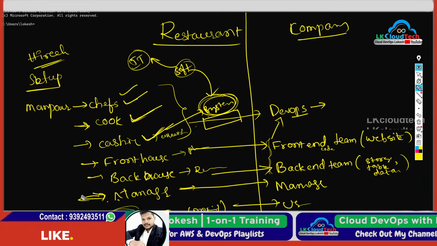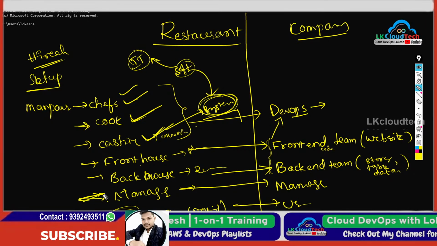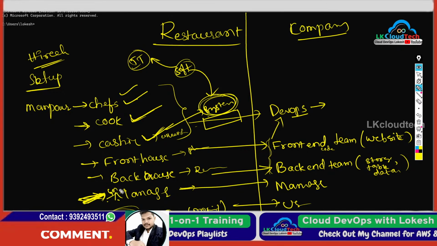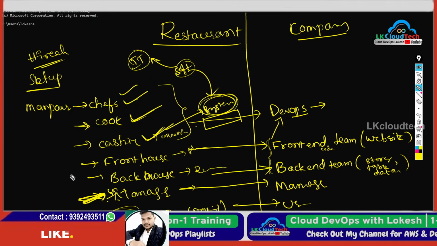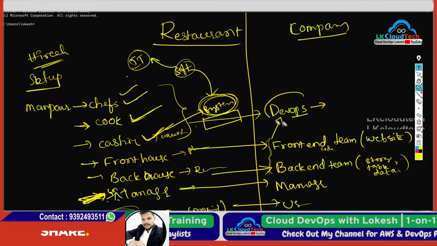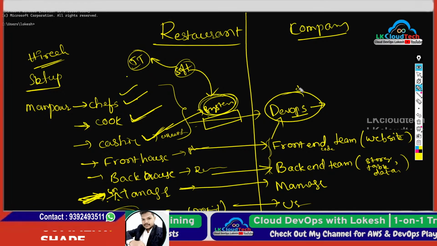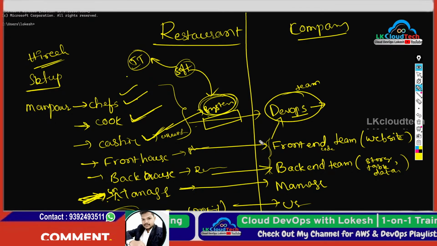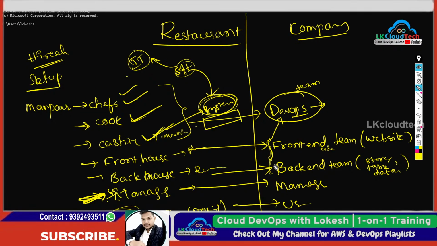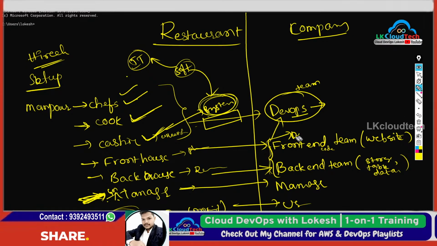Everything is under the control of the manager or general manager. This kind of maintenance and operations will be taken care of by the DevOps team. Got it? Correct. Which means the front end and back end teams come under development.